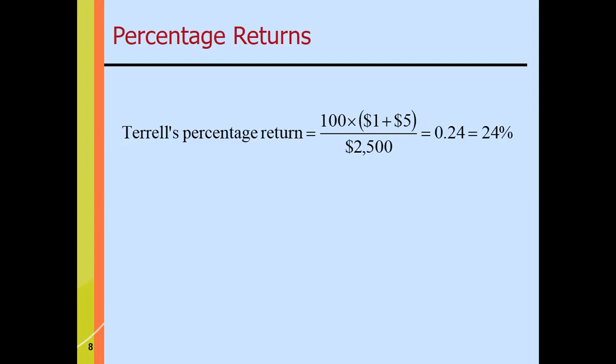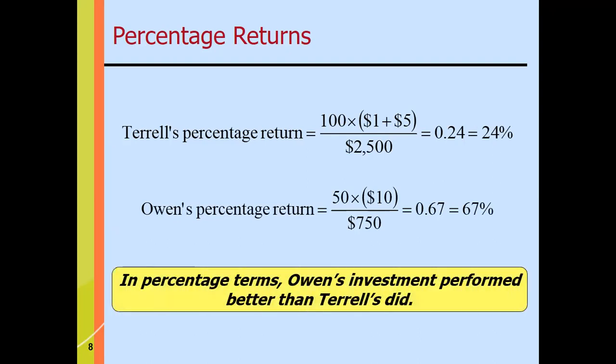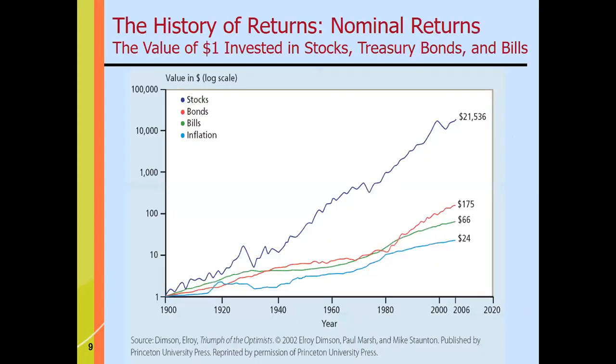So that's 600 over 2,500, with the cancellation of dollars, of course. 0.24 equals 24%. Using the same formula, that's 67% for Owen. And that's why Owen's investment performed better than Terrell's did, because of the percentage return. So that's how important our analysis would be in terms of percentages.